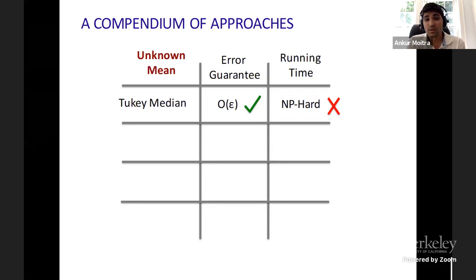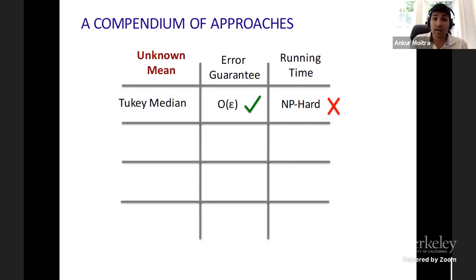So even though the Tukey median is very well studied in computational geometry in low dimensional settings, I have never seen it be successfully computed beyond dimension 6. So these kinds of high dimensional applications that we care about in a lot of modern machine learning are just way out of the reach of these kinds of estimators, because you can't actually compute them, even though we do know that if we could, they would be provably robust.